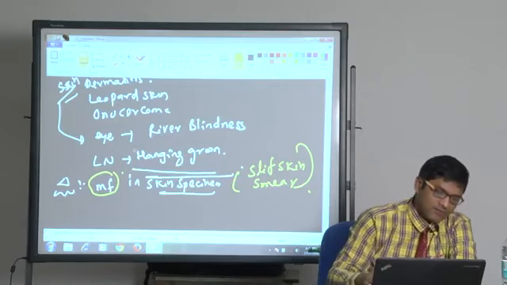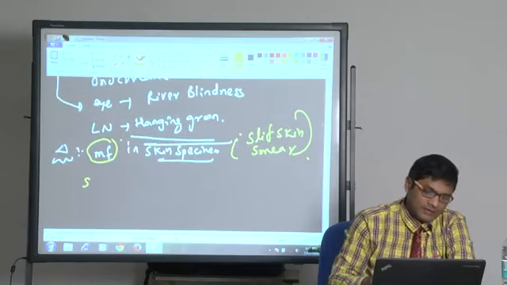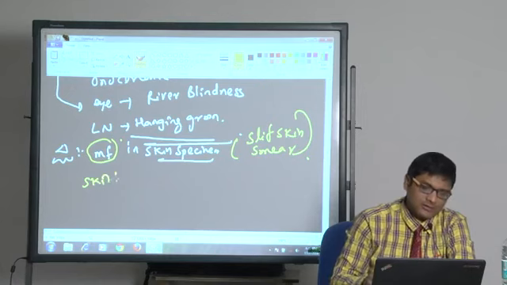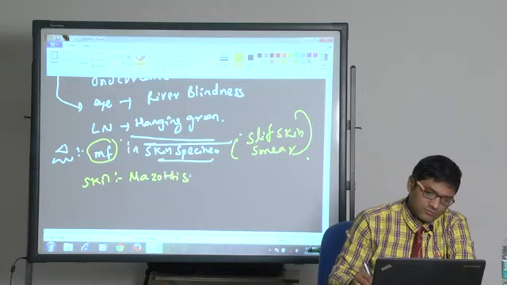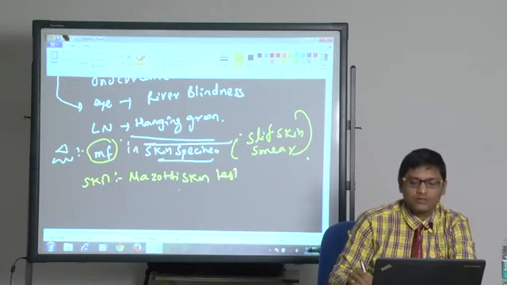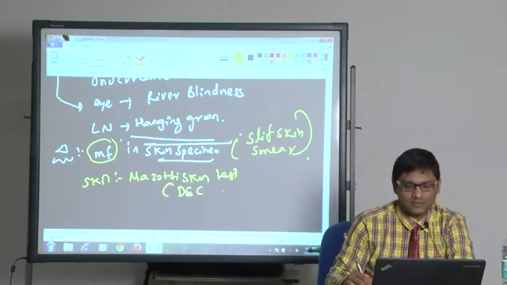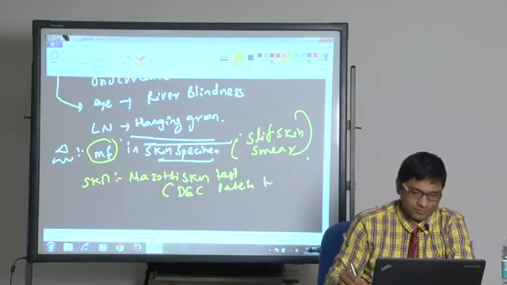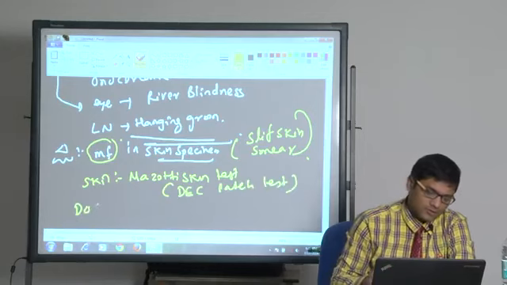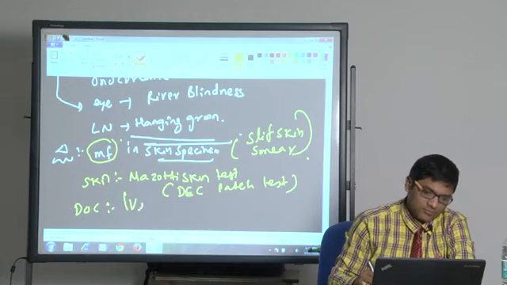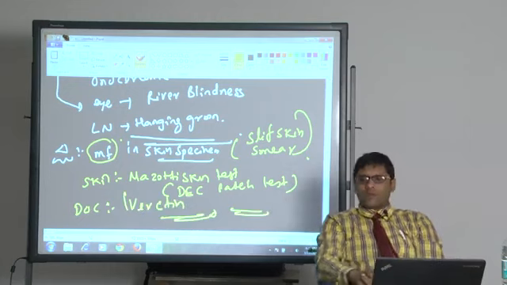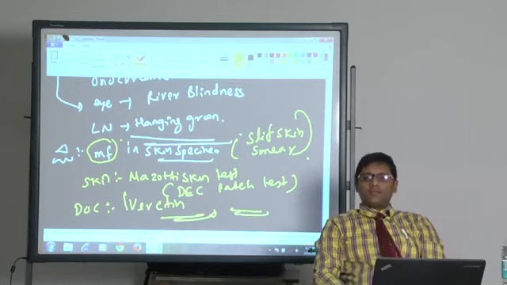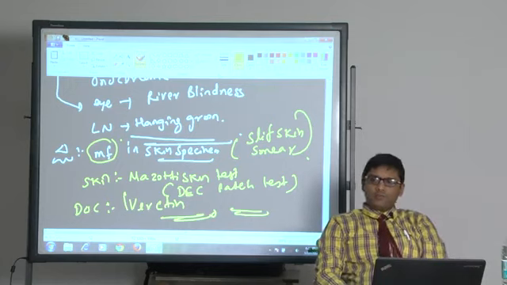And apart from that, the skin test called the Mazzotti test, which is also called the DEC patch test. Don't forget the drug of choice is ivermectin. Okay, so that finishes parasitology.